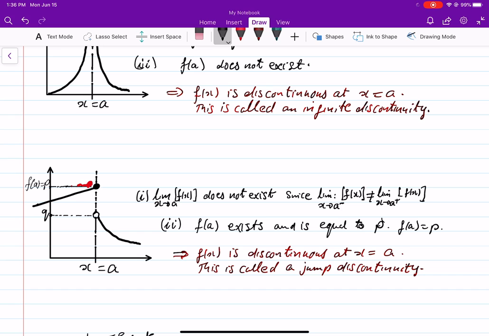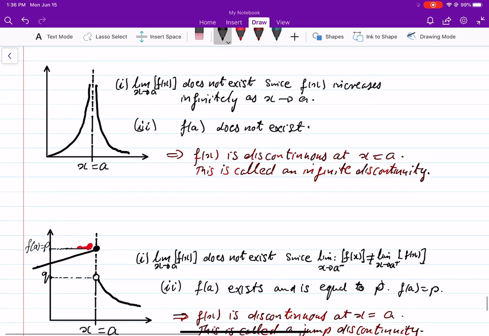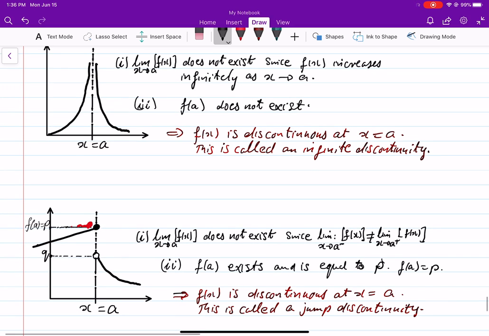The function separates into two different parts from the two different sides, and the function will be discontinuous. So all of those ideas, continuity, discontinuity, limit existing, limit not existing, the function existing at x equal a, the function not existing at x equal a, are all put together in these graphical representations.